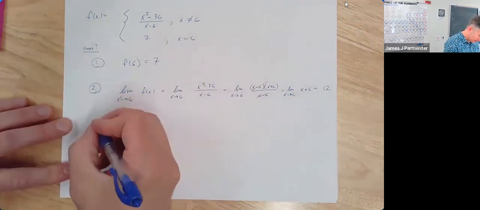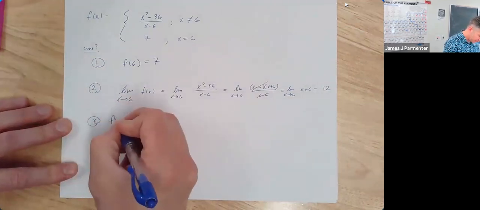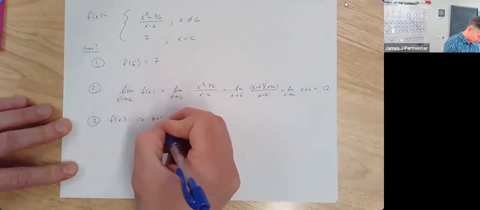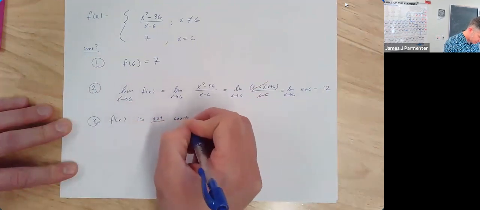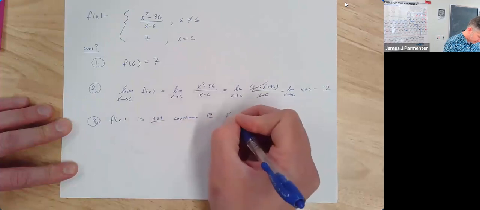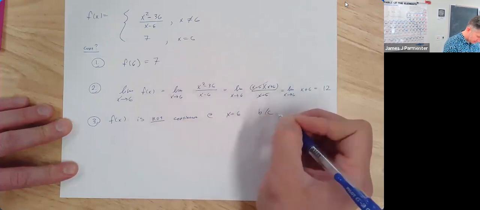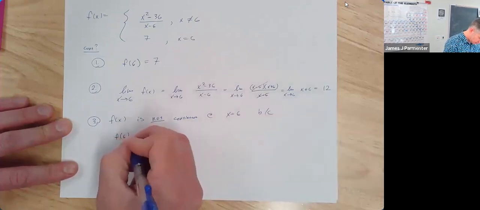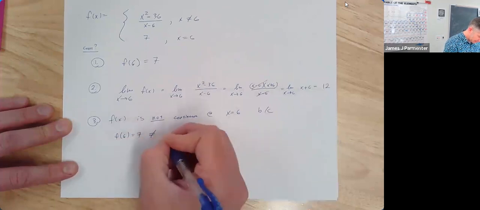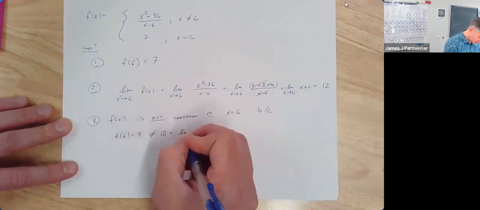So we can say that this function, f of x, is not continuous at x equal to 6 because the function value, which is 7, is not the same as the limit value, which is 12.